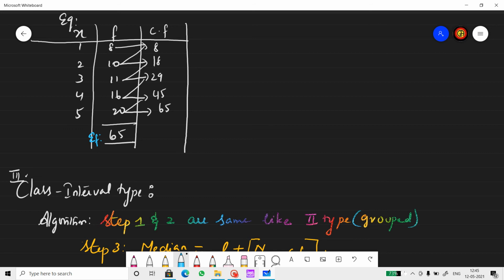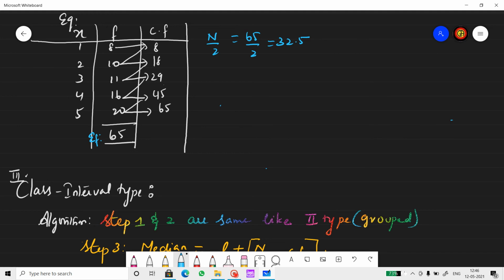Now, according to the algorithm, we need to find N by 2, right? So that means we'll do 65 by 2. When you divide 65 by 2, find out the number that we get. And the number should lie in the CF, the greater number or exactly that number. And then you see the corresponding x value. So when I divide 65 by 2, we get 32.5.